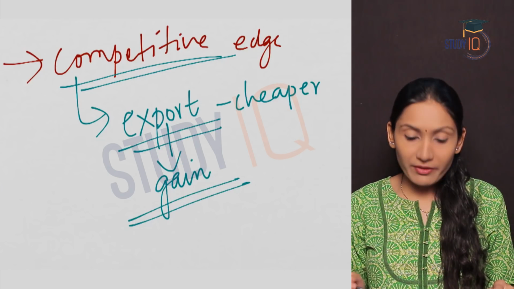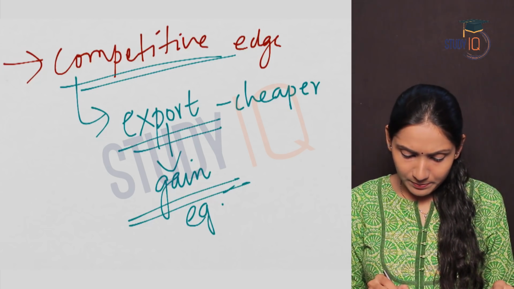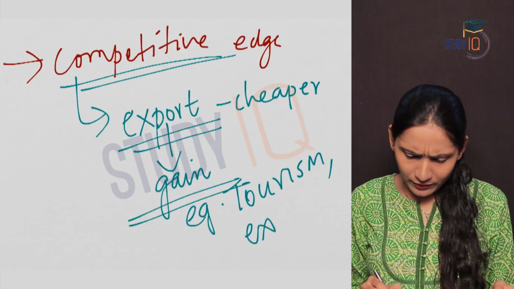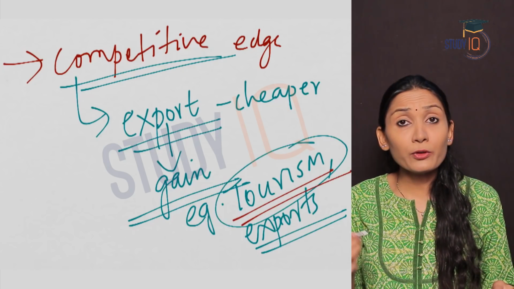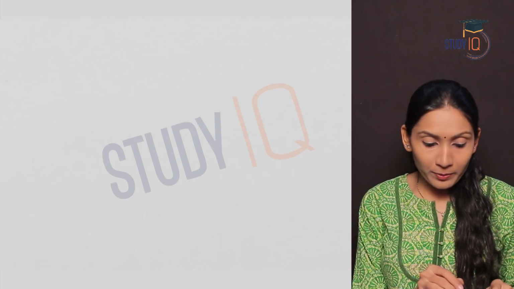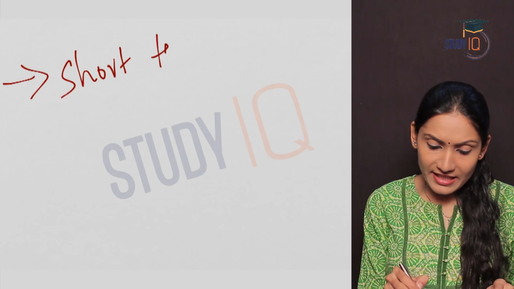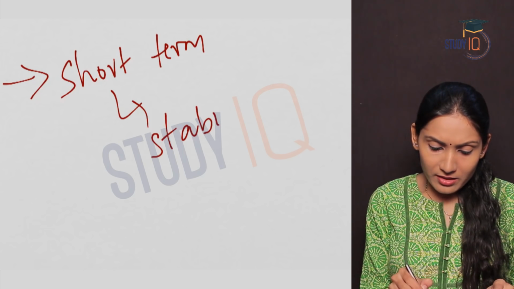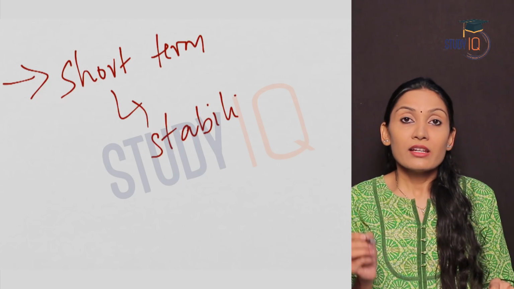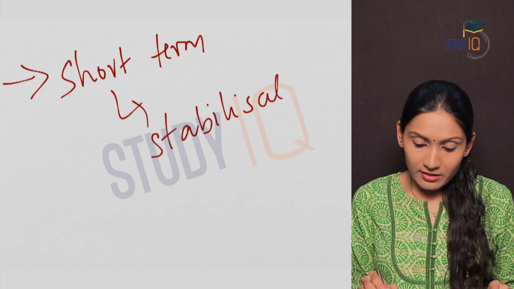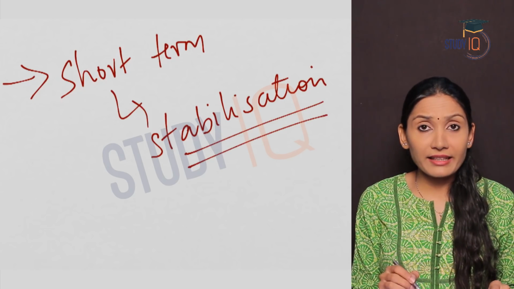So this can also be one reason. For example, tourism or export of certain commodities. In case of tourism, RBI can also adopt devaluation if it feels that there is a short-term stabilization required in the economy. So this can be used as a short-term stabilization method by the central bank.